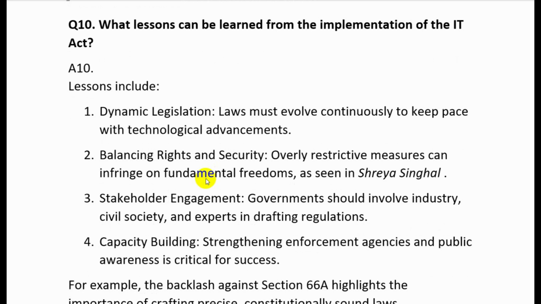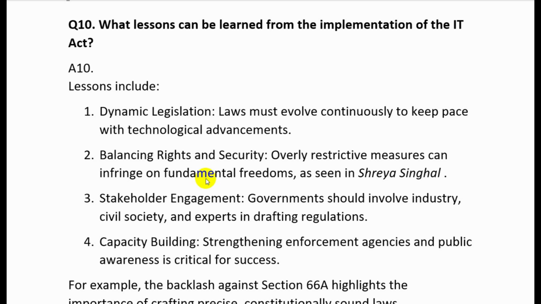Next, what lessons can be learned from the implementation of the IT Act? First, it is a dynamic legislation, that is, laws must evolve continuously to keep pace with technological advancements. Second, balancing rights and security. Overly restrictive measures can infringe on the fundamental freedoms as seen in Shreya Singhal.